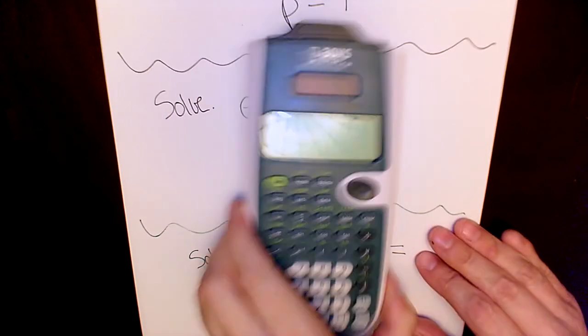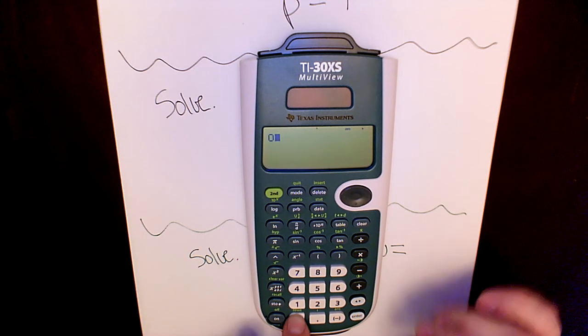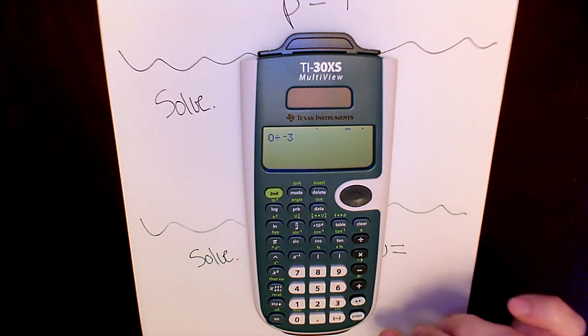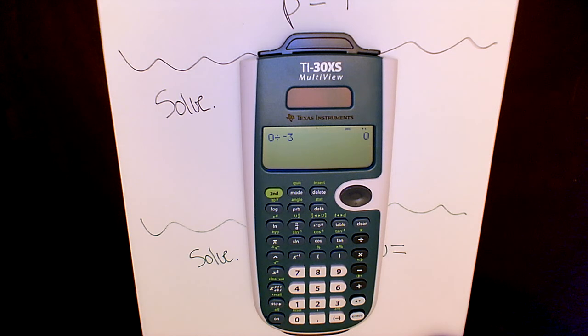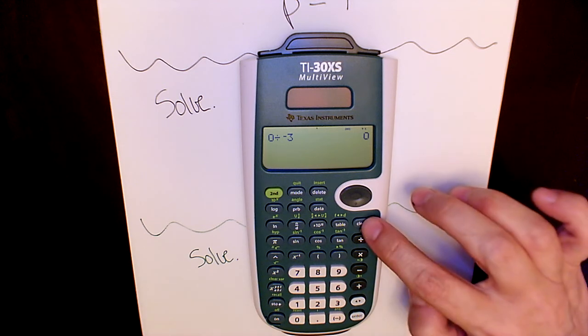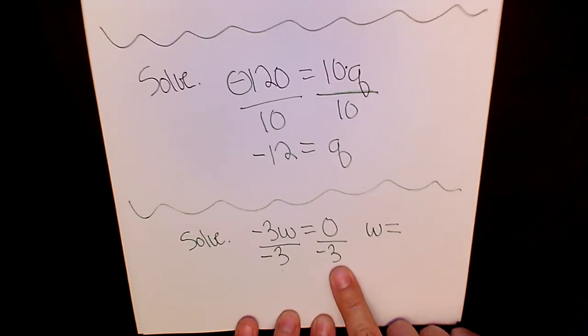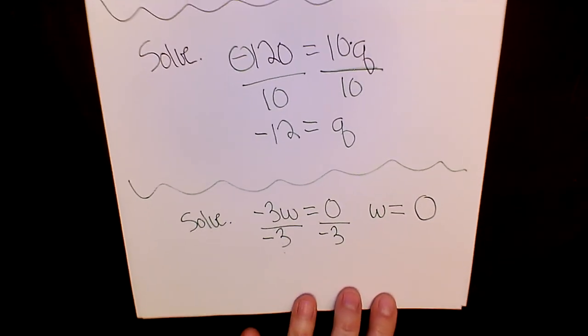So I will show you that. I'm going to put in 0 divided by -3, and I'm going to get 0. So remember, 0 can be at the top, but we can't divide by 0. It can't be in the bottom. So w is just 0.